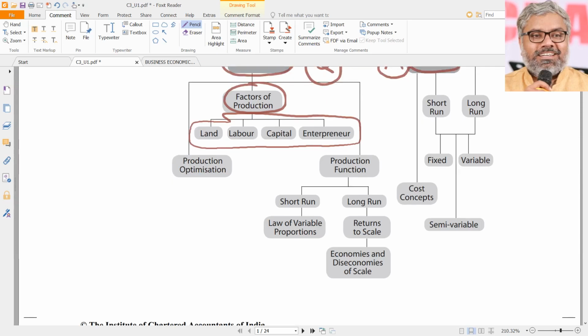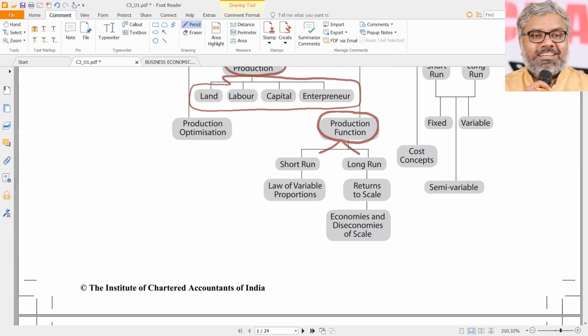And production function, which is the theory of production, actually the technical aspect, has 2 aspects within that. One is short run theories, the other one is long run theories. The short run theories are called the law of variable proportions. We will come to that. We will discuss that. And the long run theory is called the law of returns to scale.